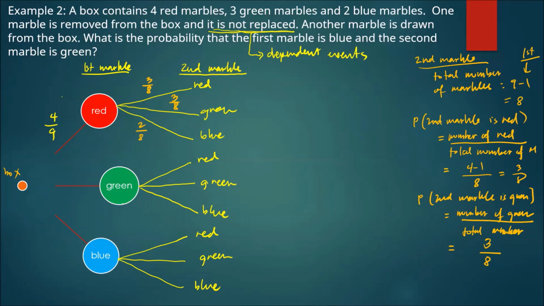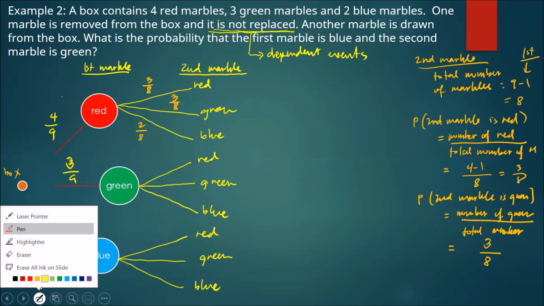In choosing the green marble as our first marble, how many green marbles will there be? There will be 3, right? There will be 3 green marbles out of how many marbles? That would be 9, okay?